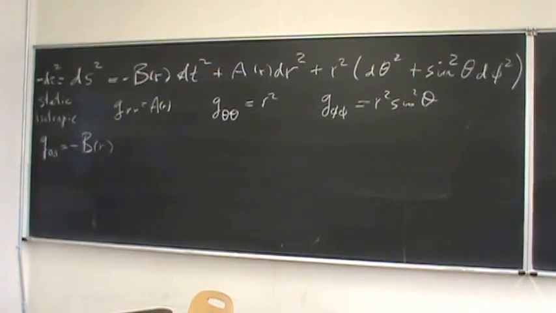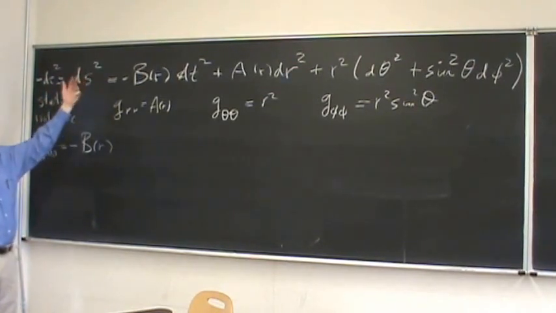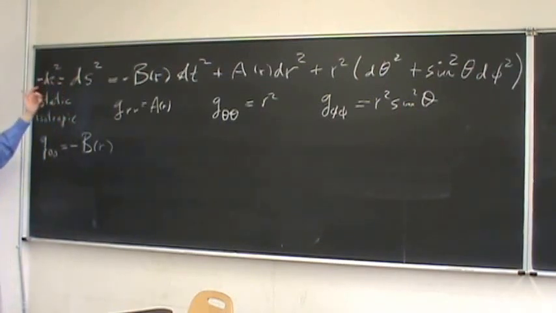And moreover, the metric is diagonal, obviously, because ds squared just involves dt squared, dr squared, not dr dt or dr d theta and so forth.